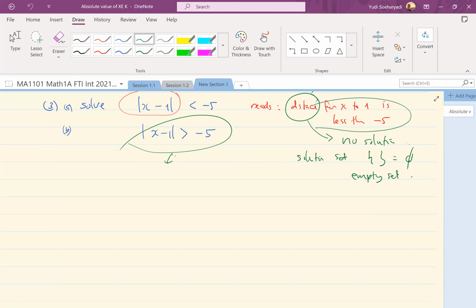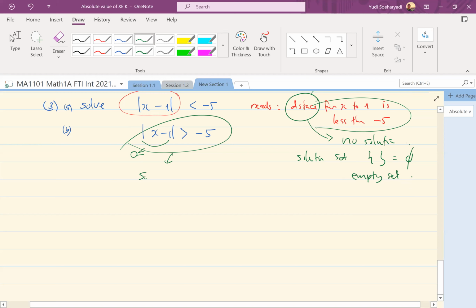All real numbers, because there isn't any restriction. The left-hand side reads distance, but the right-hand side is a negative number, and distance is always non-negative. So for any x, this is bigger than 0, so for sure it is bigger than -5.